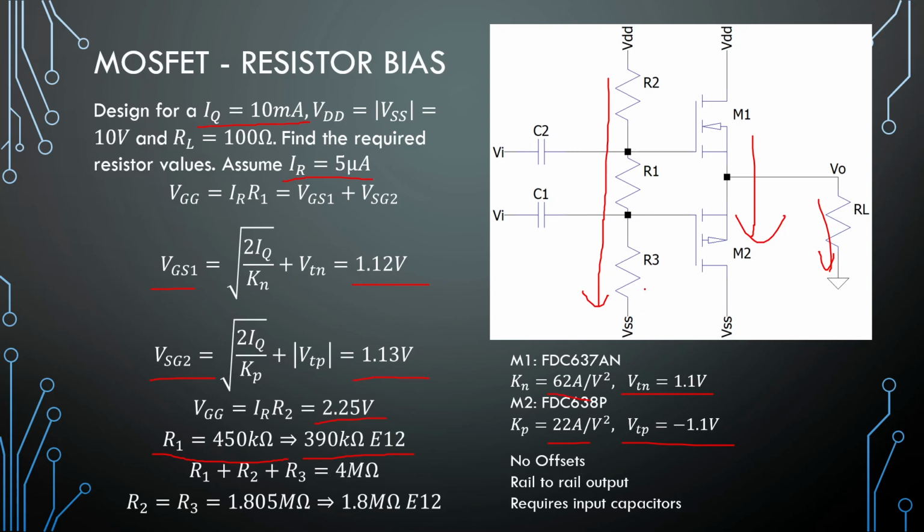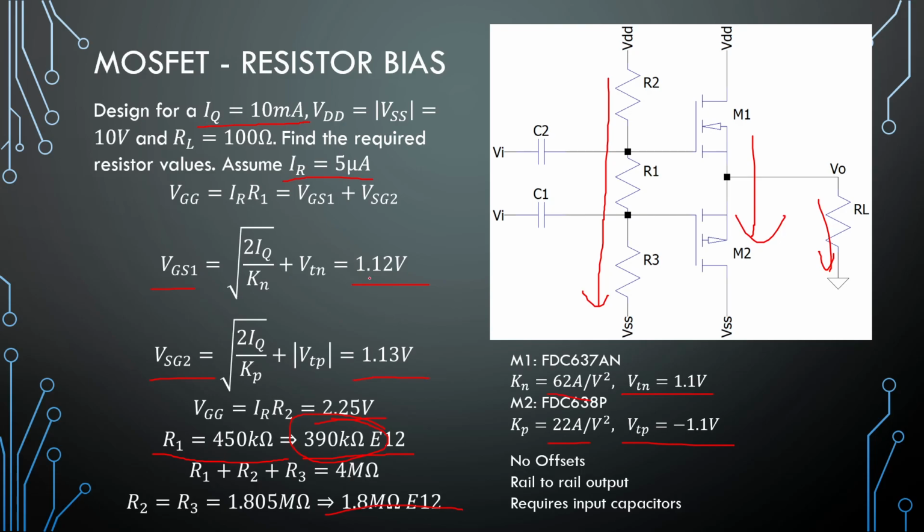The upwards choice will ensure that there is too much current flowing in these two transistors, and it will bring down your efficiency and your quiescent power dissipation in these transistors will be much higher. Okay, so rather choose it downwards. And if you have resistor 1, you can calculate resistor 2 and resistor 3, and this is at 1.8 mega ohms. Okay, I will show you what I mean with this in the simulation.